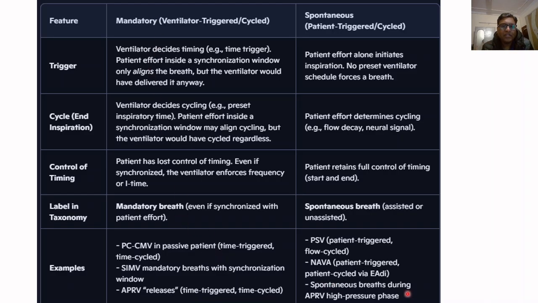But the patient has the ability to breathe either during inspiration or expiration, so these are considered spontaneous breaths. Here the patient can breathe on his own, get as much flow as he wants, and this breath may be for as long as he wants. These are on top of the mandatory breaths. So in APRV, you have both types of breaths: mandatory breaths and spontaneous breaths.